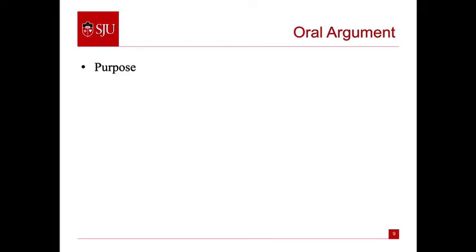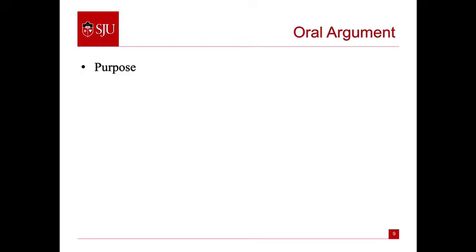And so oral argument is really meant to be a continuation of the conversation that took place in the briefs. Now, we often don't think about conversations taking place in writing, but if you think about the order in which the briefs are filed, they really are kind of a conversation. The petitioner gives their overview of why they're right, the respondent responds, and then the appellant responds to the respondent.